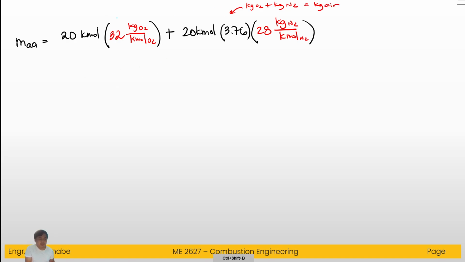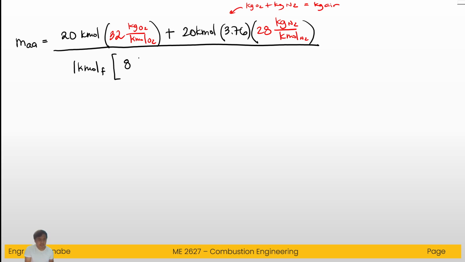Basically everything here, no? So divide this by how many kilograms is the fuel. So you can imagine we just have 1 kilomole of the fuel, right? Because in the balance you have a coefficient of 1 there. And then multiply this by, so for the carbon you have 8 only, 8 molecules of carbon.